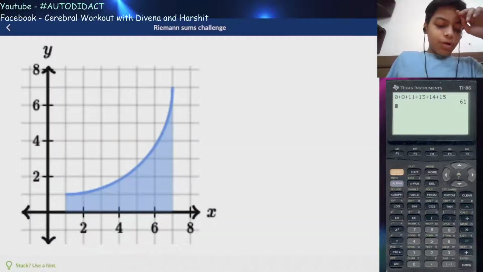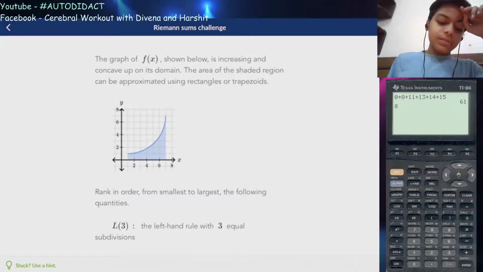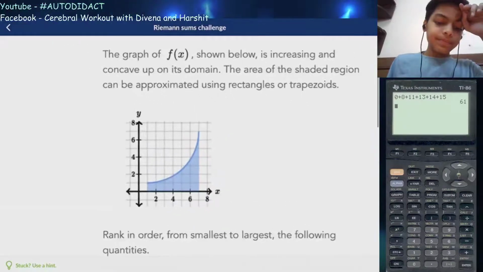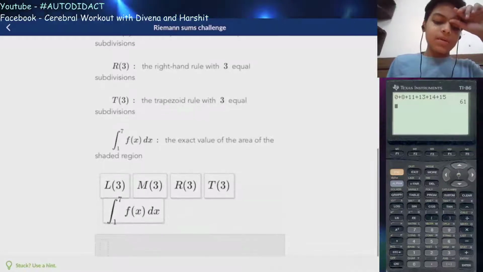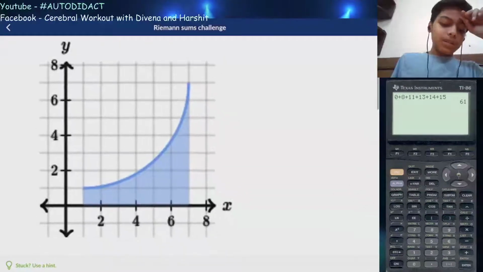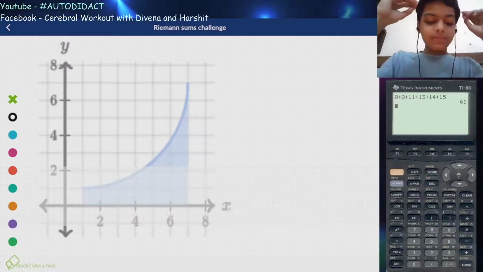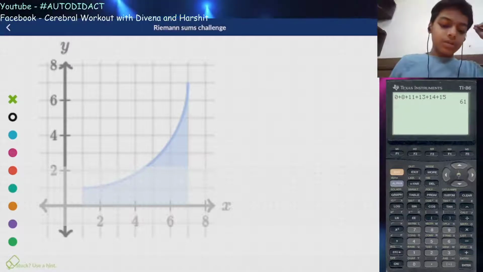We start with 3 equal subdivisions, so we are going from 1 to 7, I think. Yes, from 1 to 7. So if we do 3 equal subdivisions, this will be 7 minus 1 is 6, divided by 3 is equal to 2.